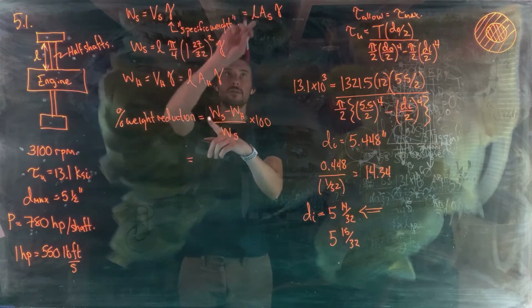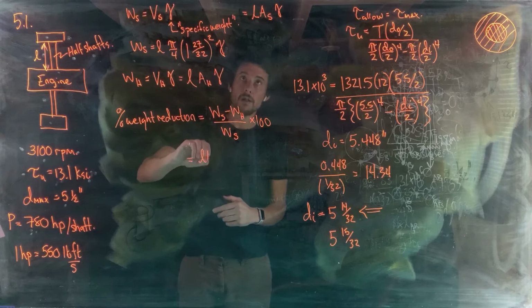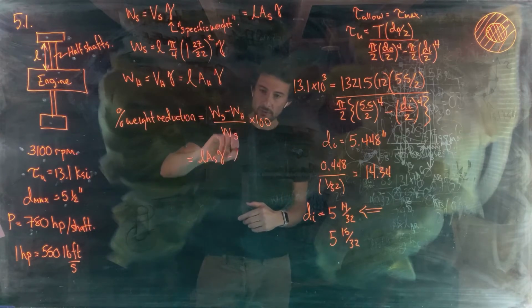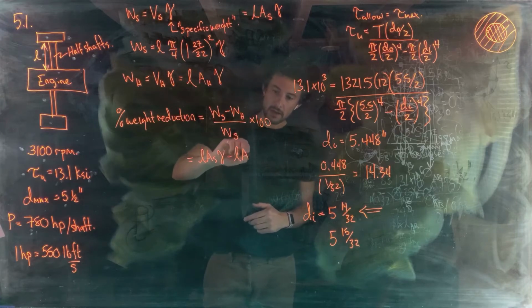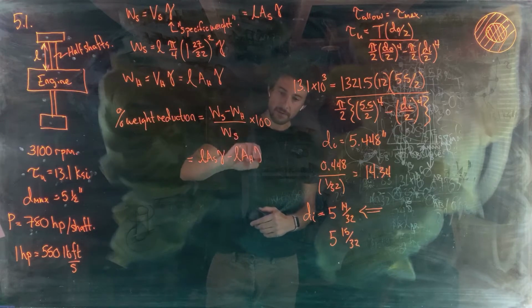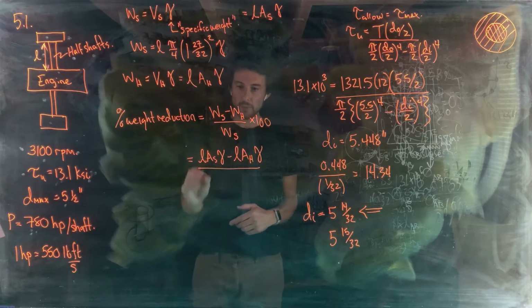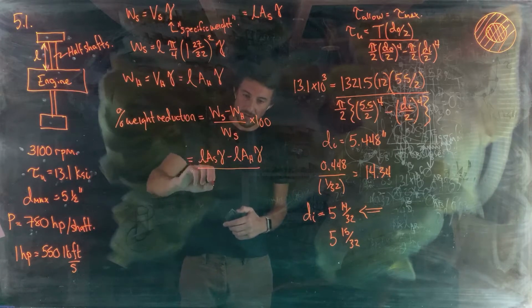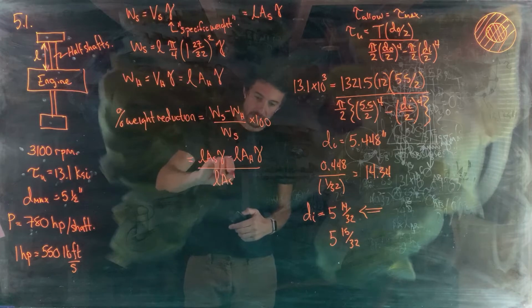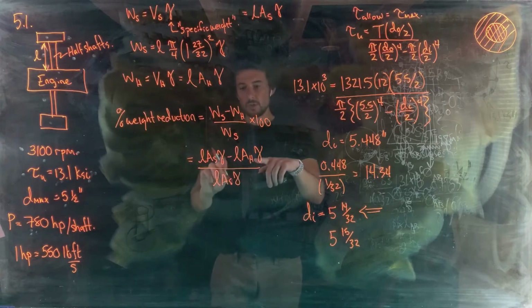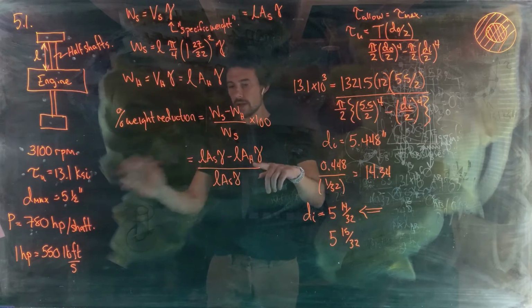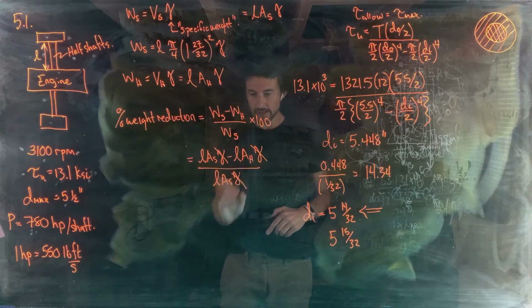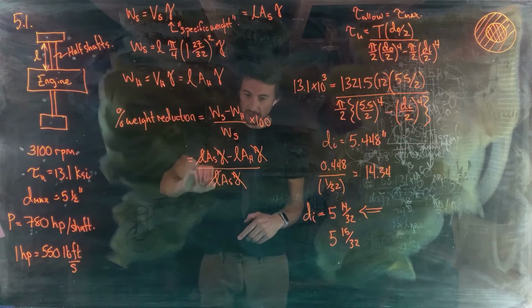So here for the weight of the solid shaft, we've got L A_S gamma. The weight of the hollow shaft, we've got L, area of the hollow shaft, gamma for the specific weight, and then for the weight of the solid shaft, again, we have L A_S gamma. So even though we don't have the density of carbon fiber or the specific weight, that cancels out anyway, and so does the length of the shaft.